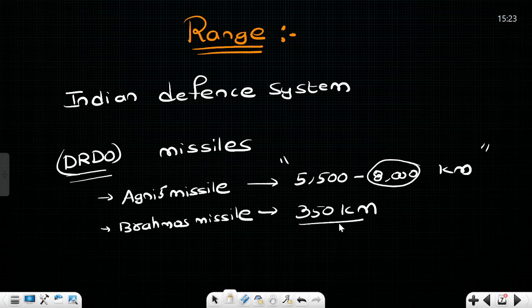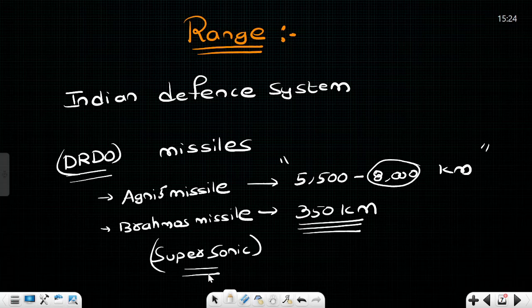Sir, even this 350 kilometers, the BrahMos is a supersonic missile, means it travels with a speed more than the sound. So after the BrahMos has gone from the top of your head, then only you will know that something has gone. So that is the range, up to that they can hit the targets very accurately. Accuracy is almost close to 100.